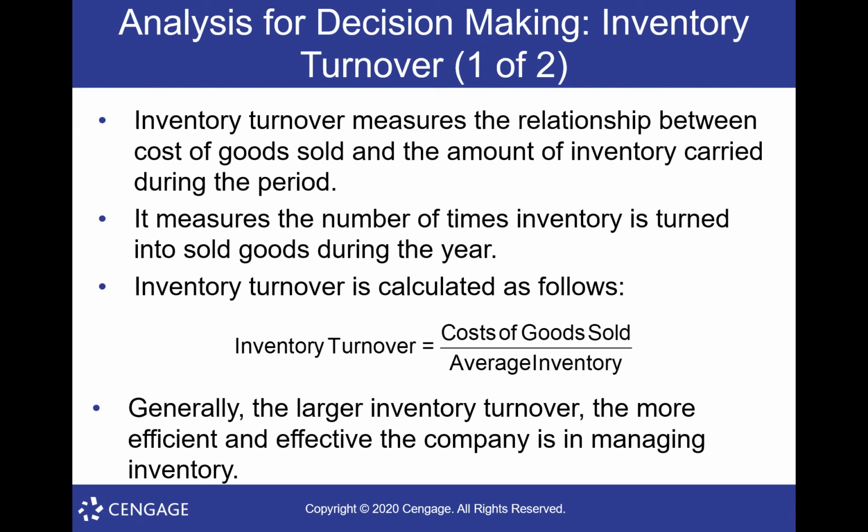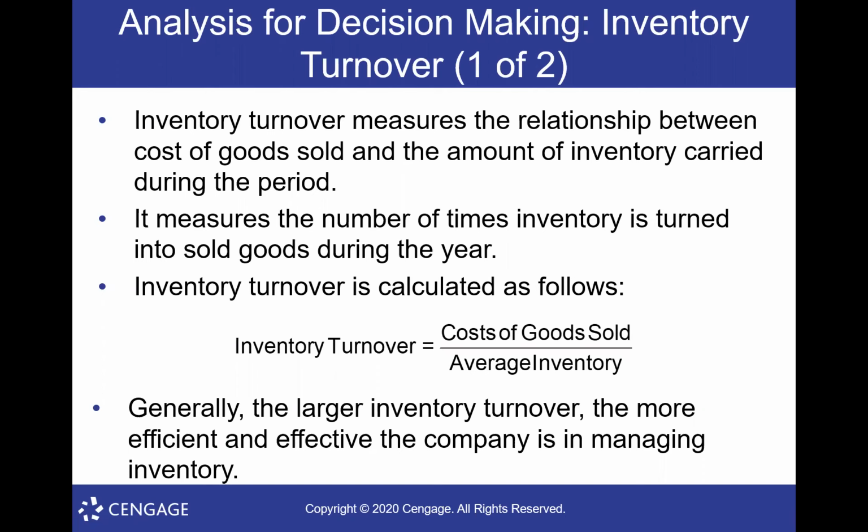So recognize this. Cost of goods sold is an income statement account. It's an expense. It gets reset back to zero every month, right? So it covers the amount of our cost of goods sold expense for the period of a month or a year or whatever we're calculating for over time. But inventory doesn't. Inventory is a balance sheet item. It's an asset, okay?